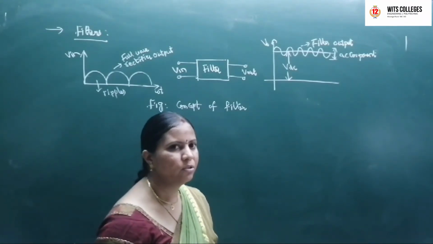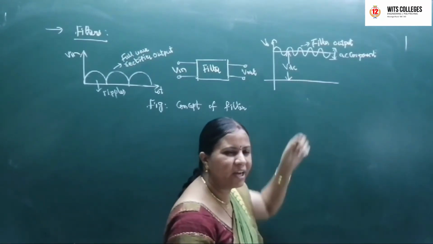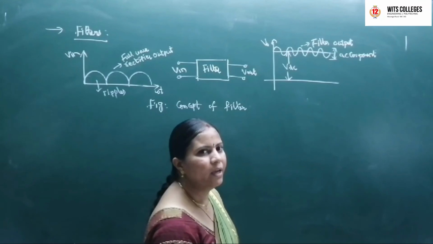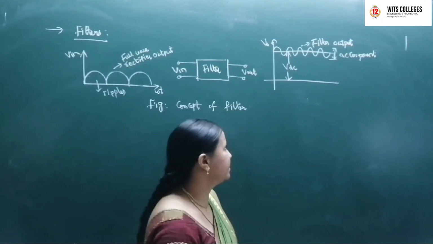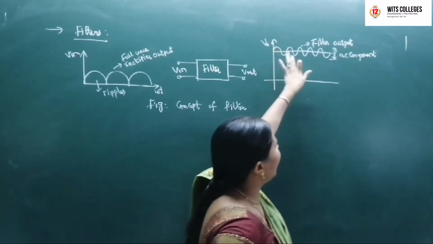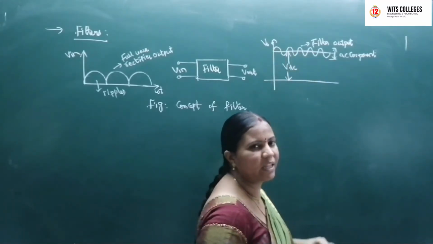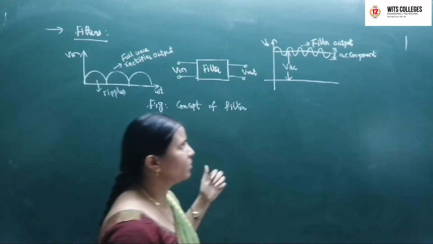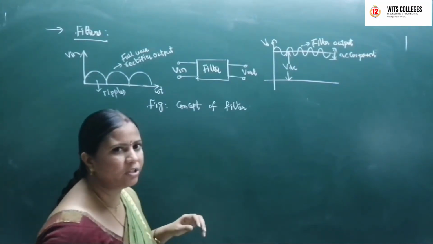That's why it is named approximately DC output. That small amount will be removed by using a voltage regulator circuit.